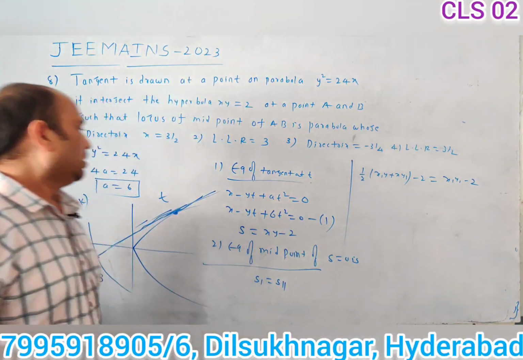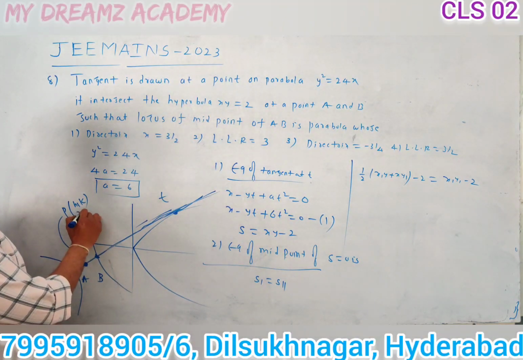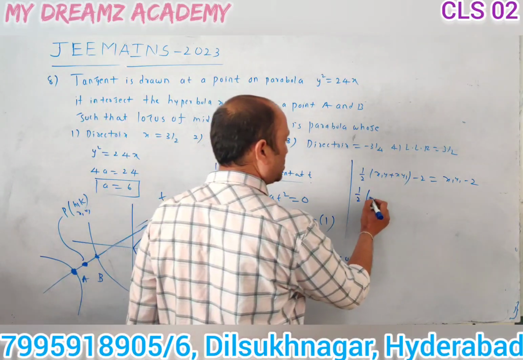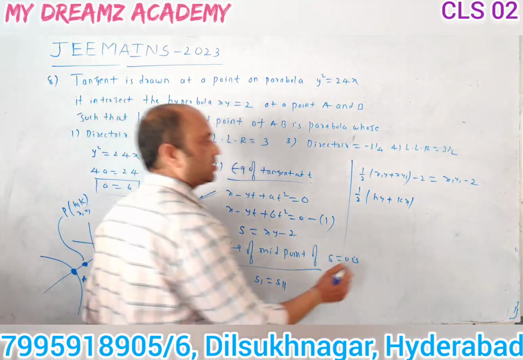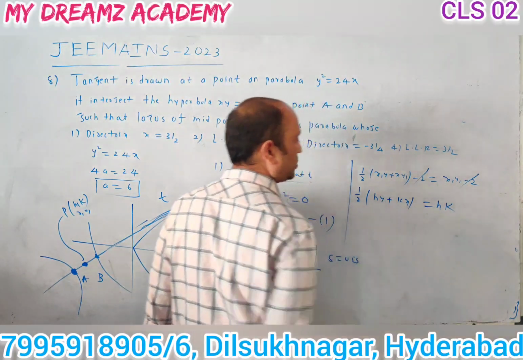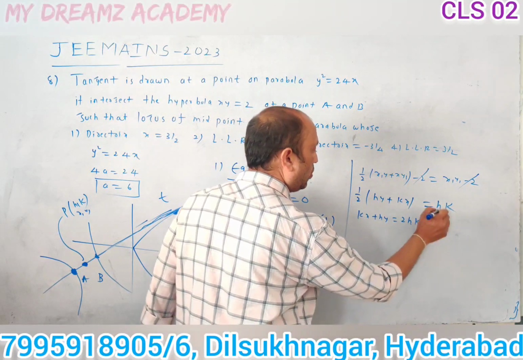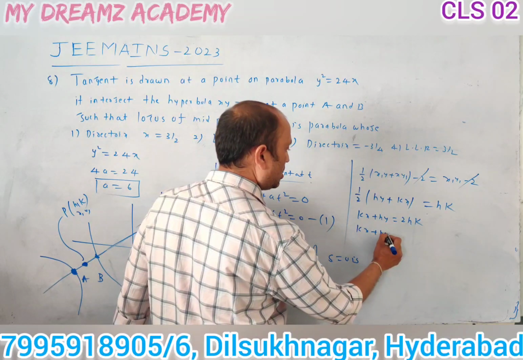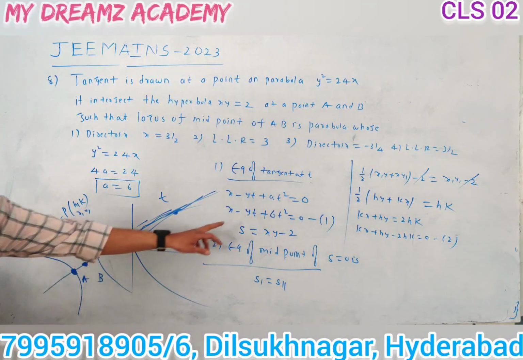With x1 comma y1 as h comma k: one by two into hy plus kx, equal to hk minus 2, and the minus 2 cancels, giving kx plus hy minus 2hk equal to 0. This is equation 2.